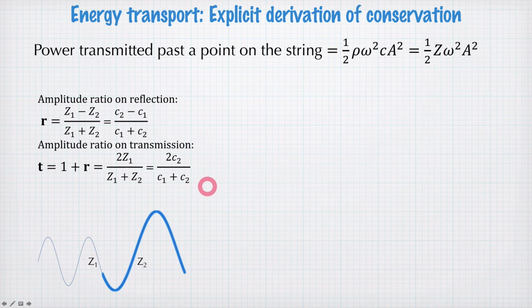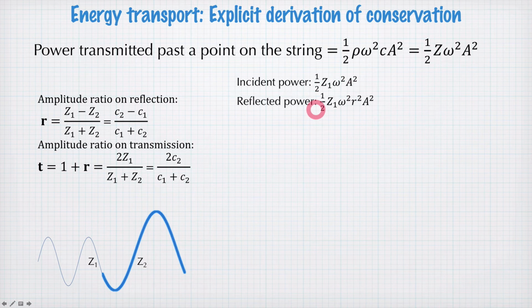But to calculate the powers, we don't just need the amplitude, we need the amplitude squared times the frequency squared times the impedance. So for example, if we have a wave incident on this boundary through material Z1, travelling to the right here, the incident power will be given by half Z1 omega squared a squared, where a is the incident amplitude. The reflected power will be given by a half Z1, because it's reflected into the same medium, half Z1 omega squared, and then the amplitude squared will be given by r squared a squared.